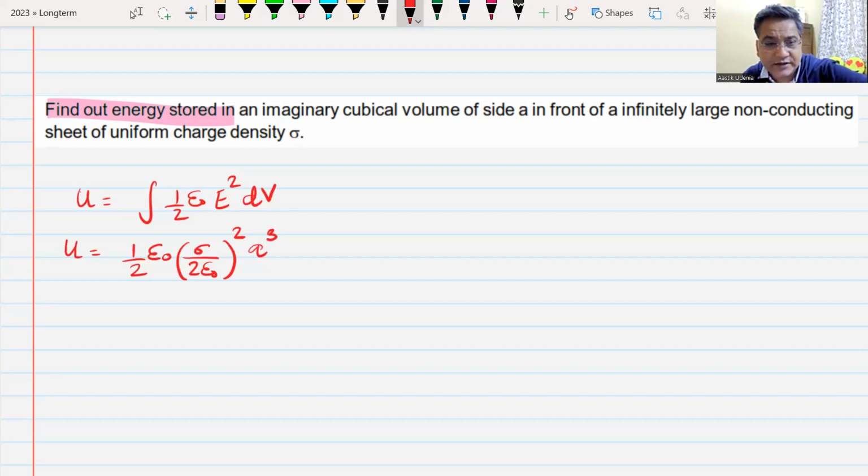So the total energy I will get will be equal to sigma square a cube by 8 epsilon naught.